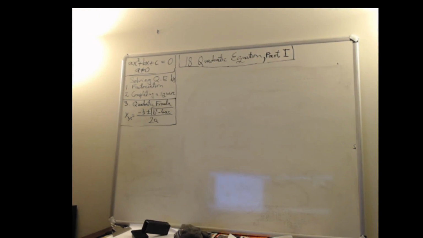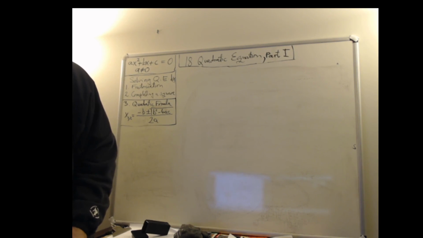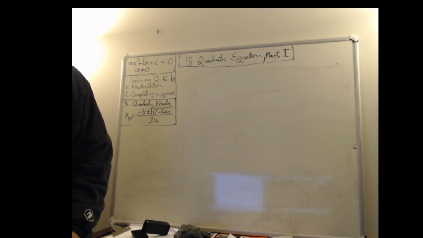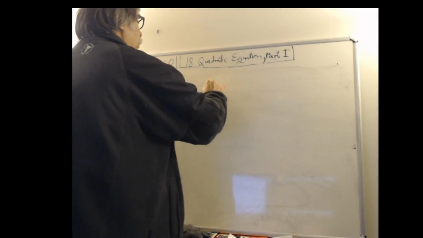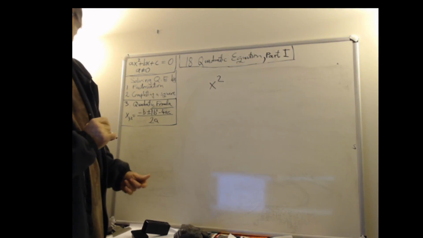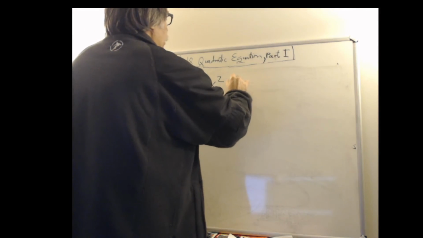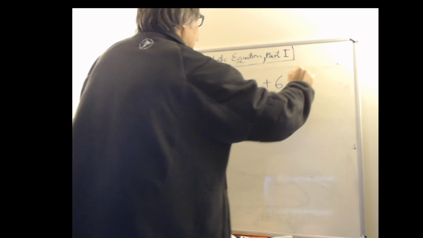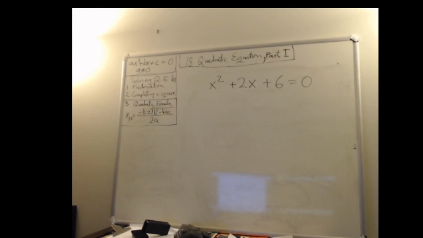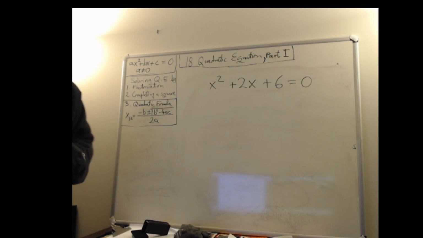It looks very nice, but it turns out to be something that is not so nice to work with. You might have the idea, well, I'm going to factorize this. I can factor this. You will not be able to.